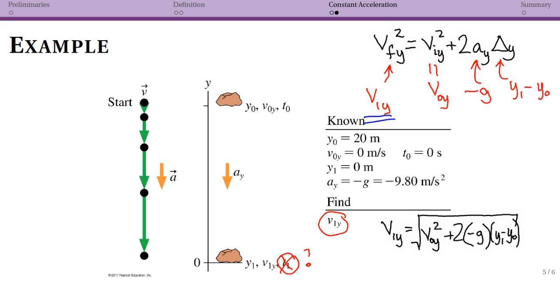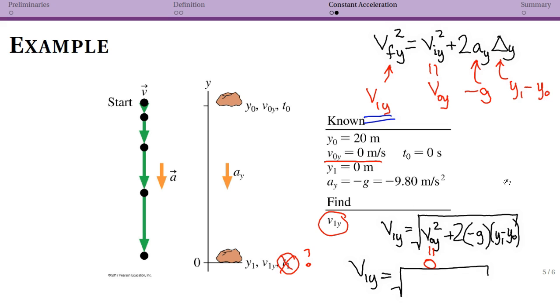Remember that because I'm taking a square root of the left, I need to take a square root of the entire right side. Okay, so now I have v1y, and since the initial velocity was equal to 0, I'm going to drop that term.